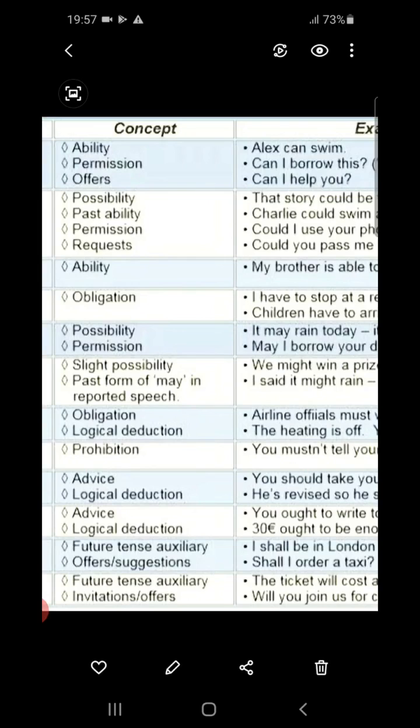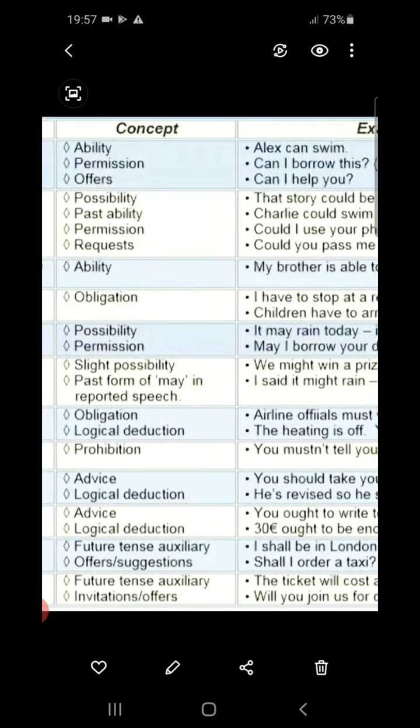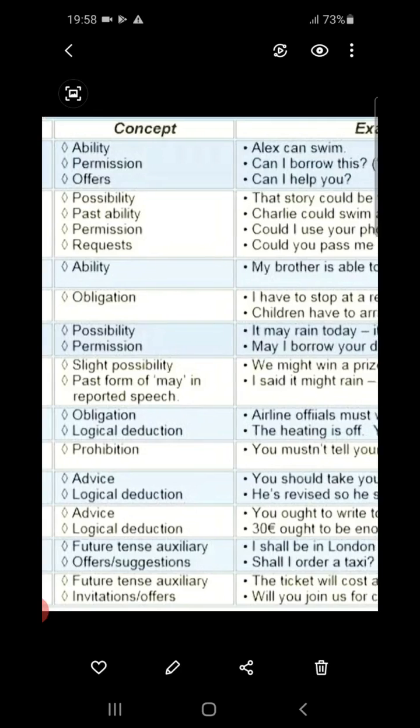Next one, offers or offer. Can I help you? So it's an offer. Offer to someone.